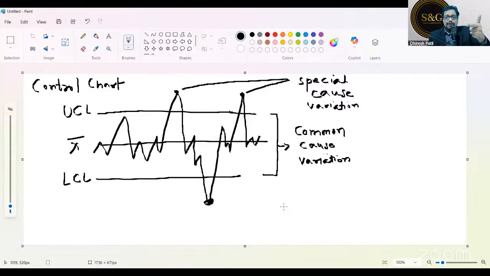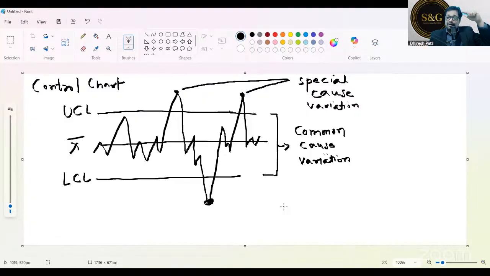When you are walking in the sun, the temperature will be different. When you are in the air conditioned office, your body temperature will be different. But when you have a special cause, like viral fever, like I had last week, the body temperature goes very high.